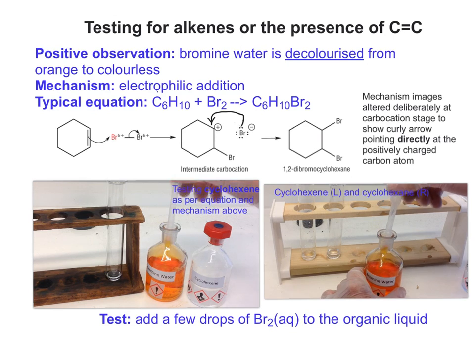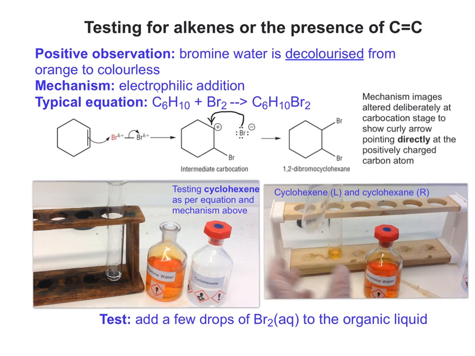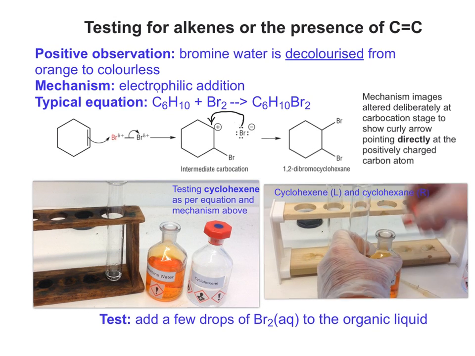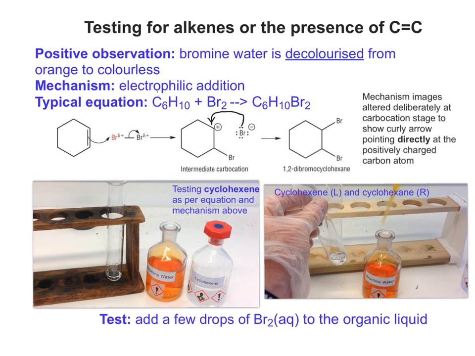Just following the left hand side first, bromine water to cyclohexene, and it decolorizes. And simultaneously I was adding bromine water to cyclohexane on the right. You can see one decolorizes and one does not. So the test on the tube on the right, which I'm holding in the hand, is the same as the tube in the left hand video.